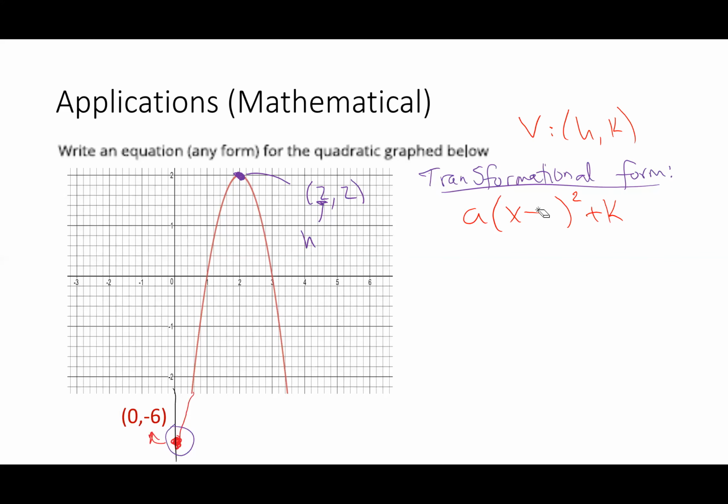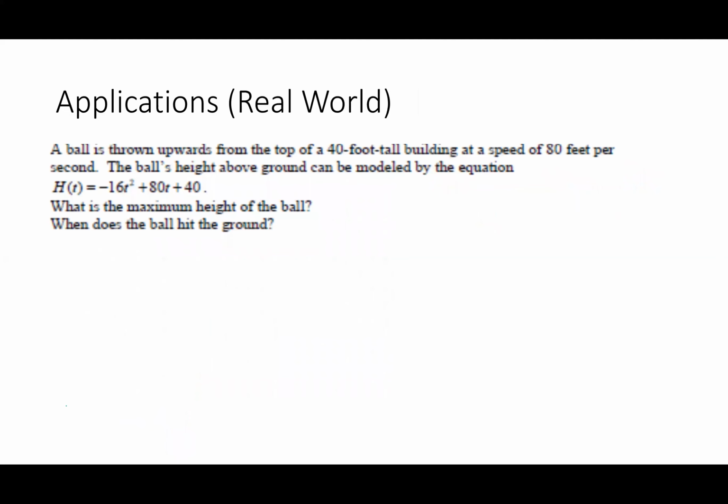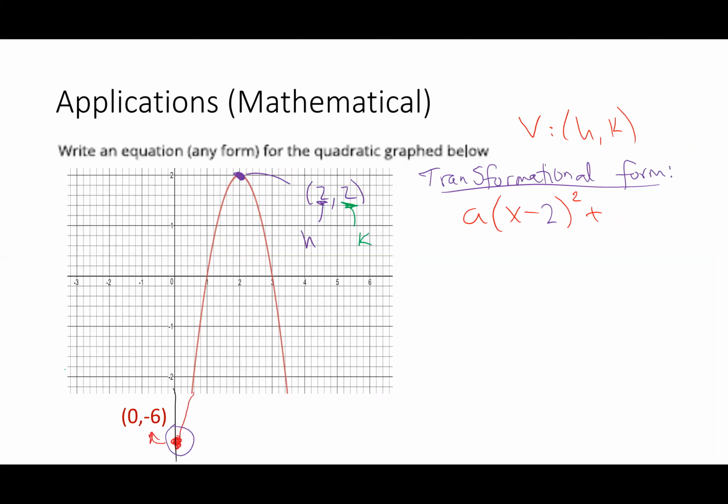So that's huge. I've got an h value of 2, and I've got a k value of 2. So that's great.